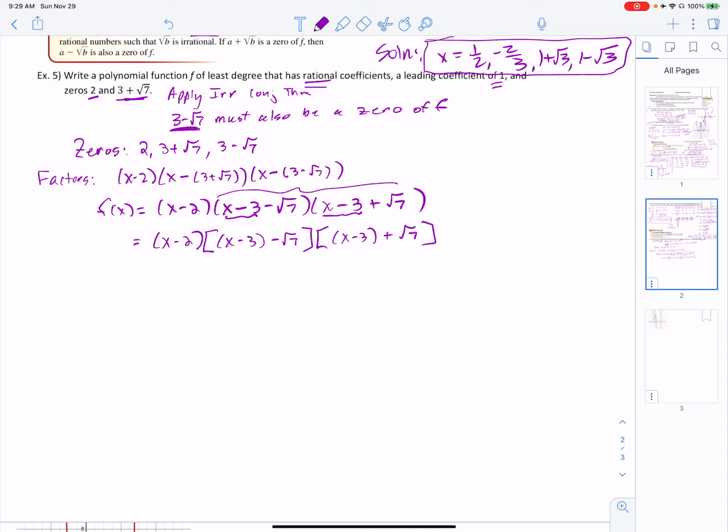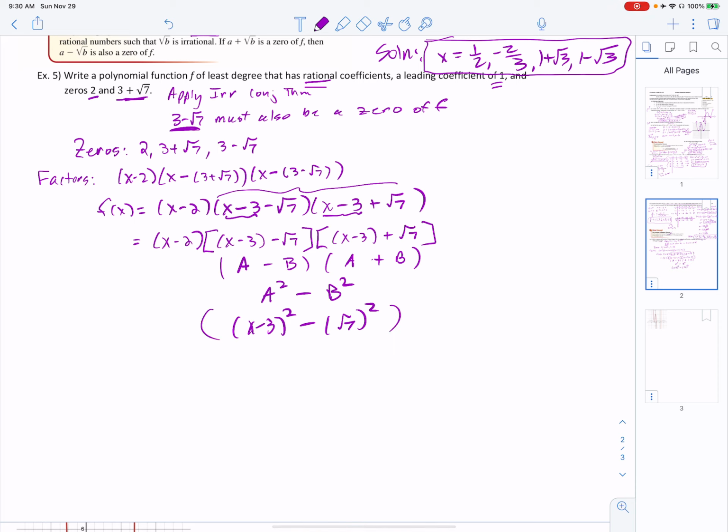And then right now, I'm going to think of this as my a is x minus 3 and my b is root 7, that I have an a minus b and I have an a plus b. And the reason is that those multiply to be a squared minus b squared, but my a is x minus 3 squared and my b is root 7.